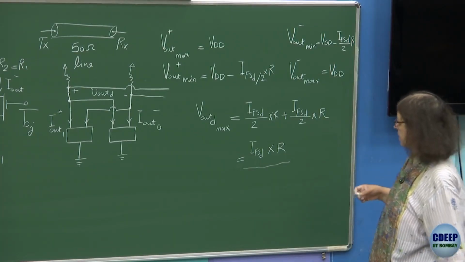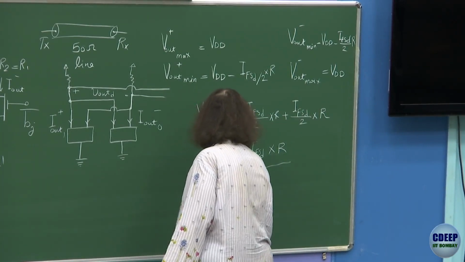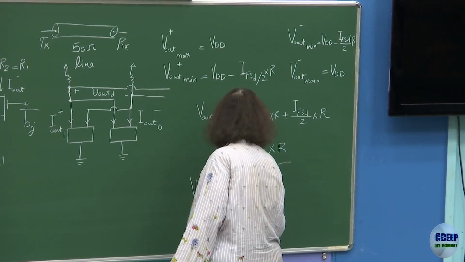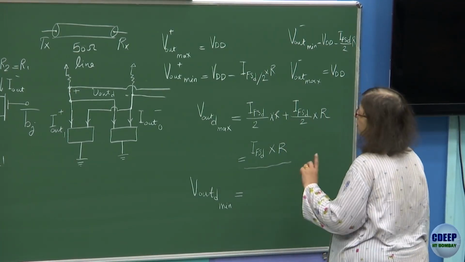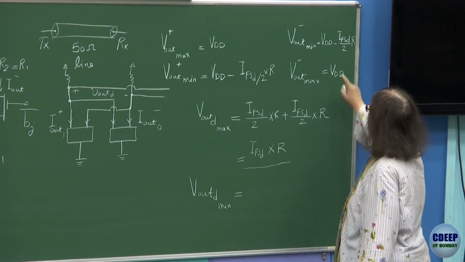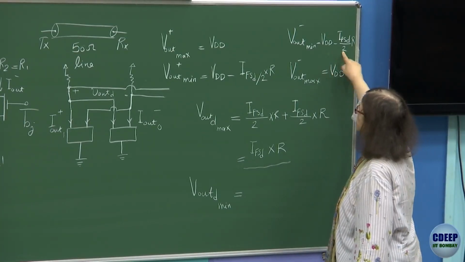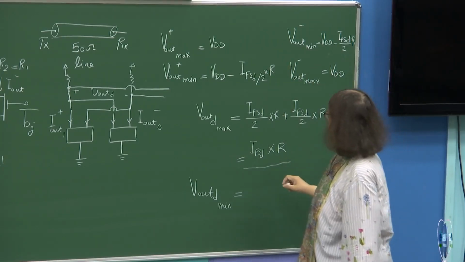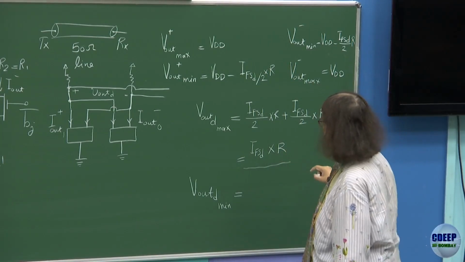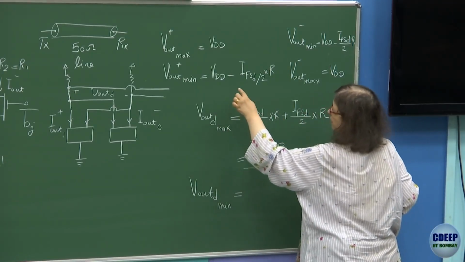Okay, so now let me write the V out D min as well. No, that's actually correct.